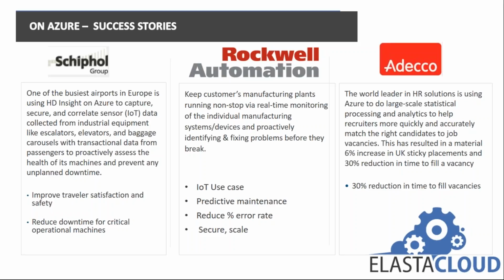Now that's actually given them a 6% increase in what they call sticky placements. Okay, so that's helped their business enormously, and it's also given them a 30% reduction in time to fill that vacancy. So it shows you where structured and unstructured data can be applied. And these are ideas, various ideas that you can think about within your own organizations.